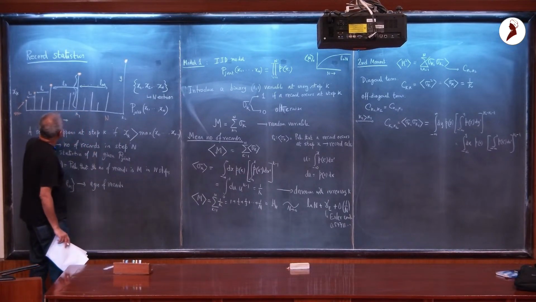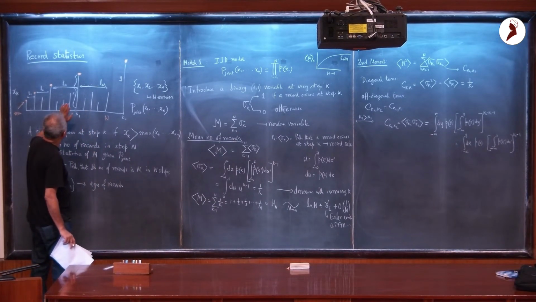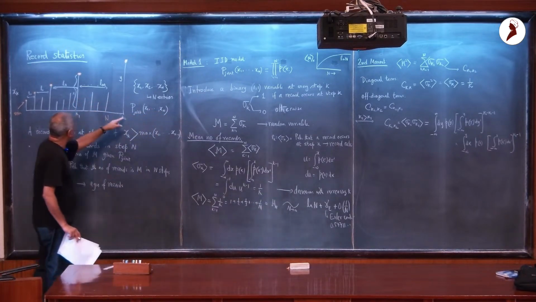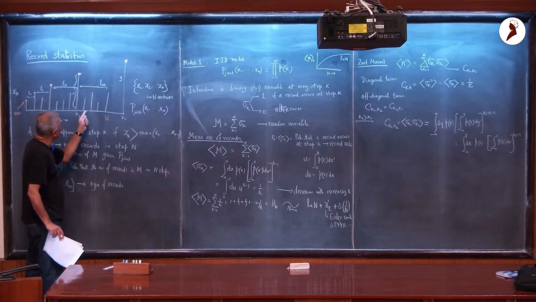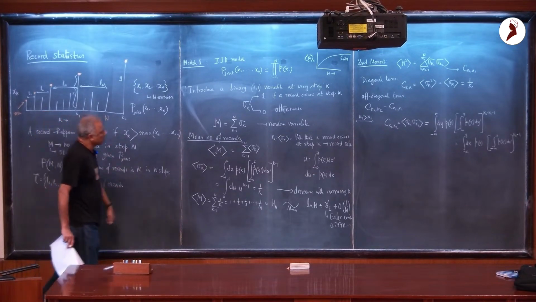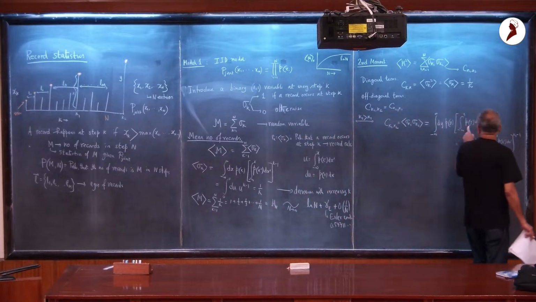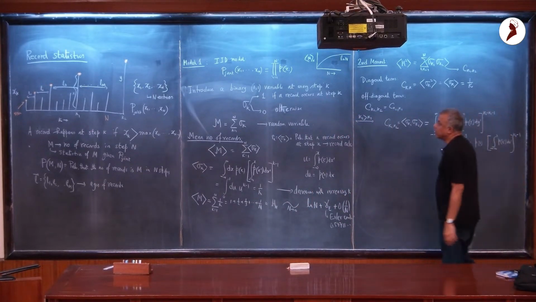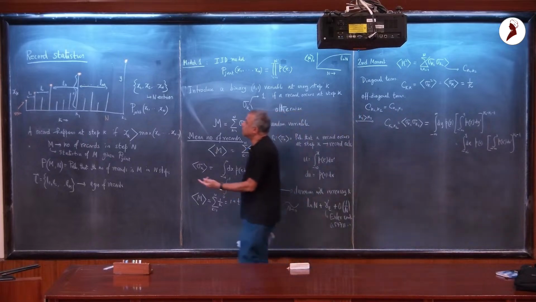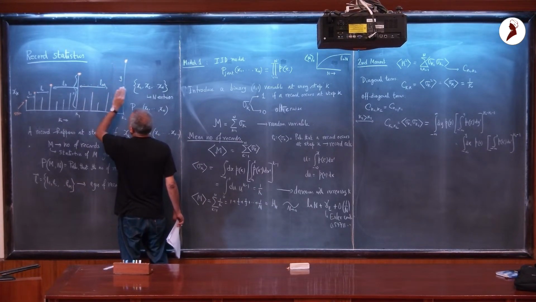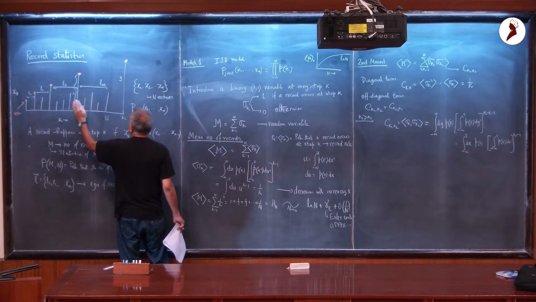So what I need, therefore, is that these objects, how many are there? k2 minus k1 minus 1. So that many elements are there in between. Those guys, their values have to be less than y certainly, because if y is a record, it has to be bigger than all the previous values, including these guys who are in between these two records.